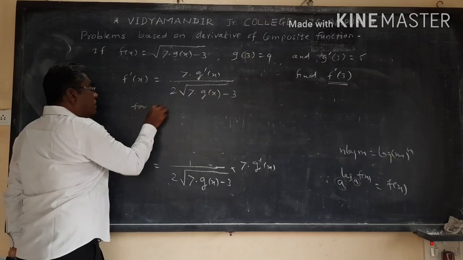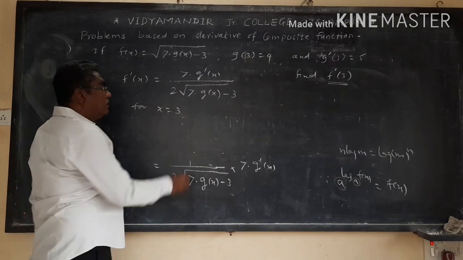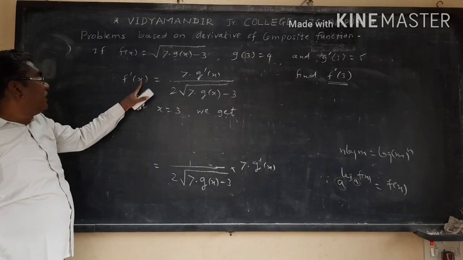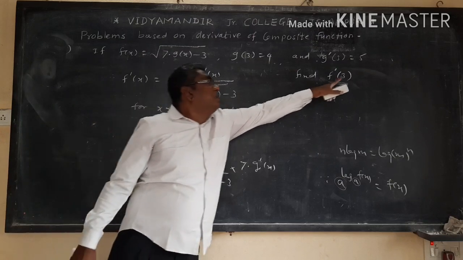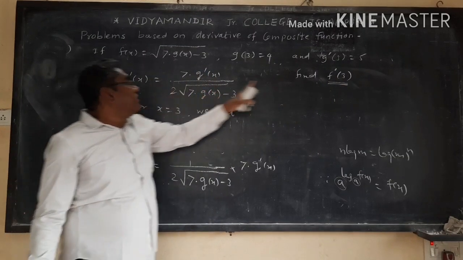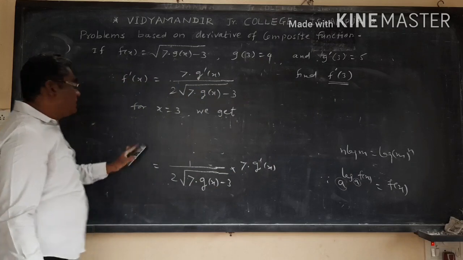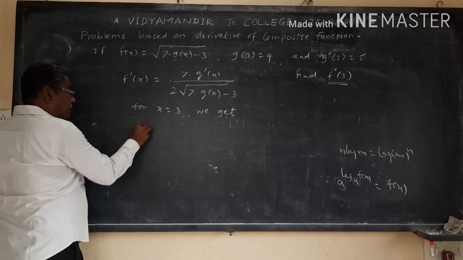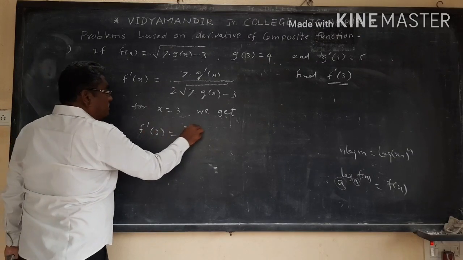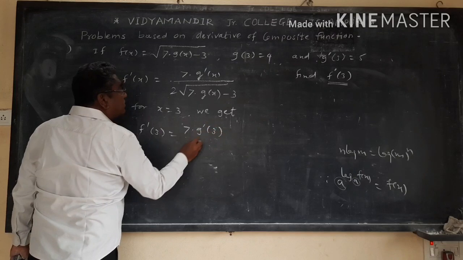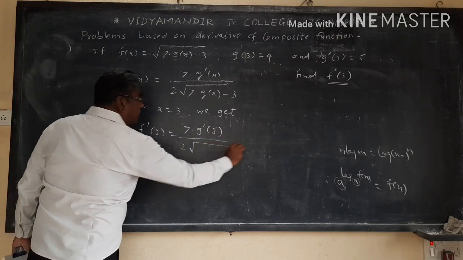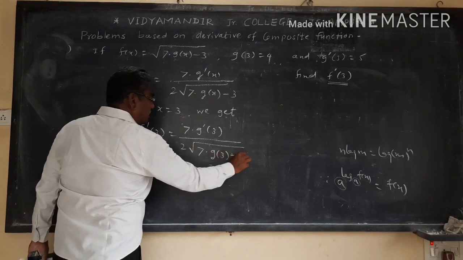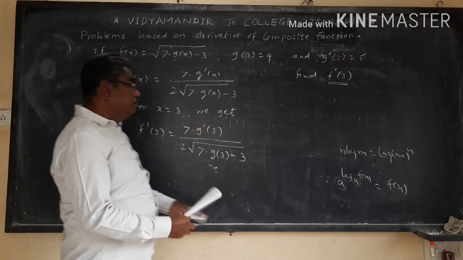For x equal to 3, we get f dash of 3 equal to 7 g dash of 3 divided by 2 root of 7 g of 3 minus 3.